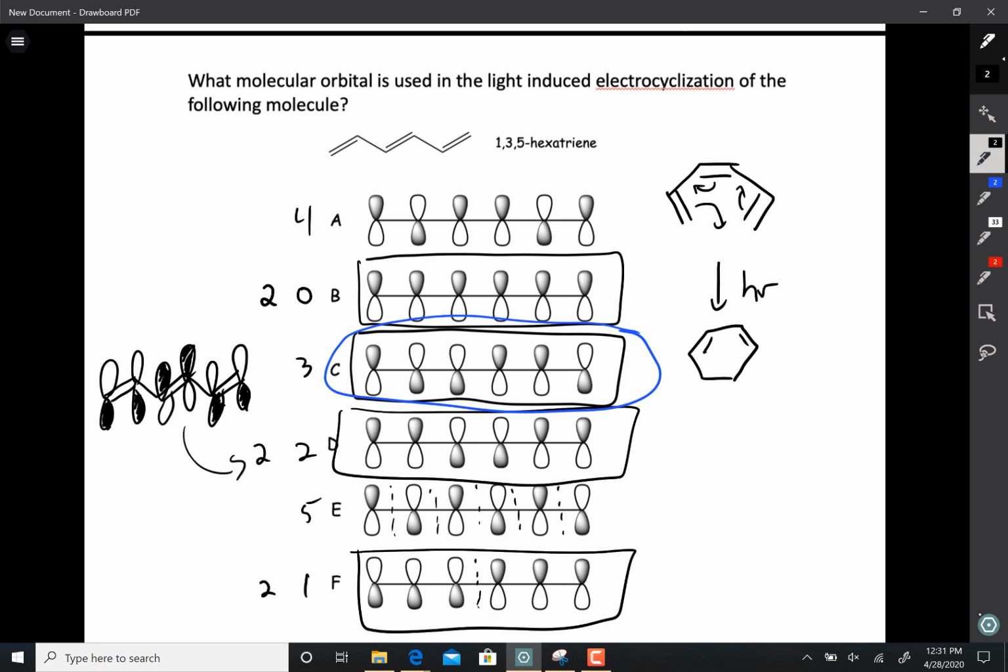Now for the LUMO, what you would do is you take this, and wherever there isn't a node in the HOMO, there will be one in the LUMO. So there's not a node between the first two, so there is a node here.